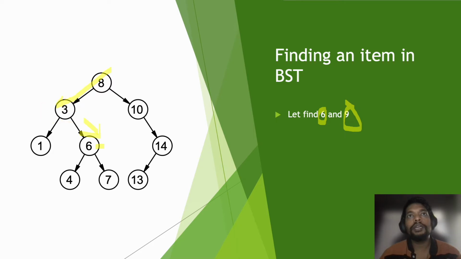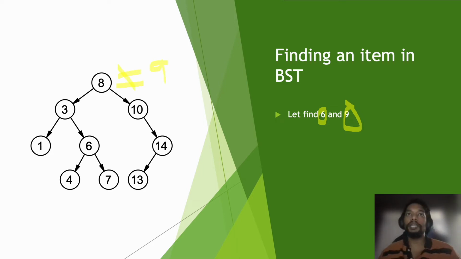So let's check the next example, that is 9. Since 9 is not present, we should not get the value. Just like earlier, we're going to check 8. We compare 8 to 9, which is not equal.